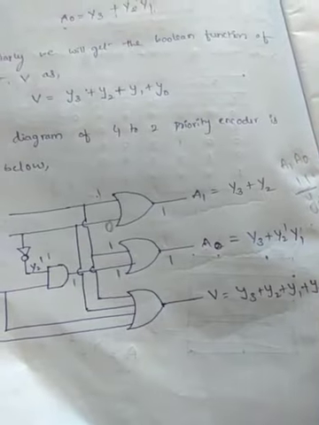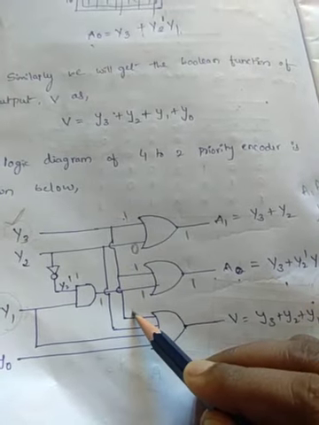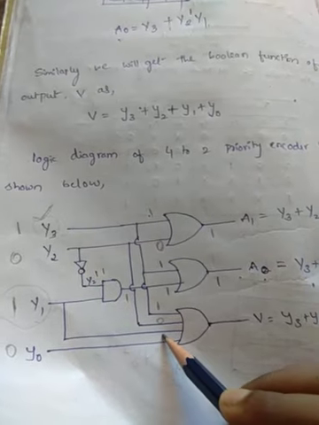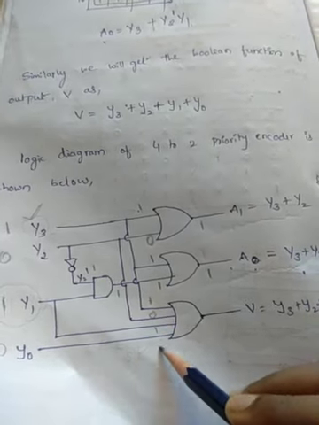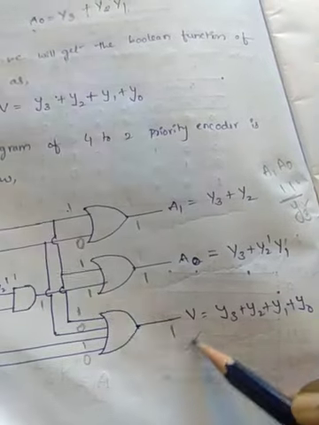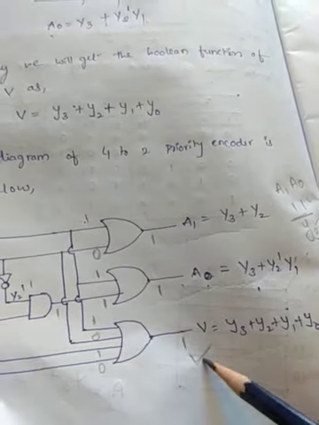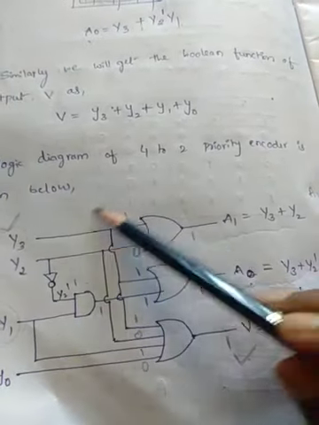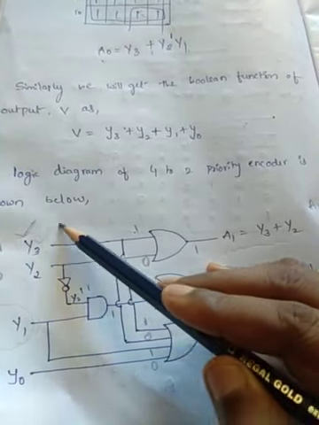And coming to the valid output case, y3 is 1, y2 is 0, y1 is 1, and y0 is 0, so the output is 1. So the output of the priority encoder is a valid output. So like this, the priority encoder will serve the highest priority input line.